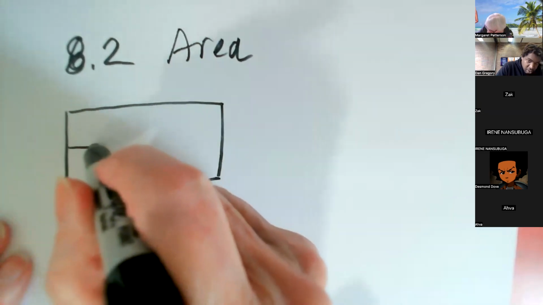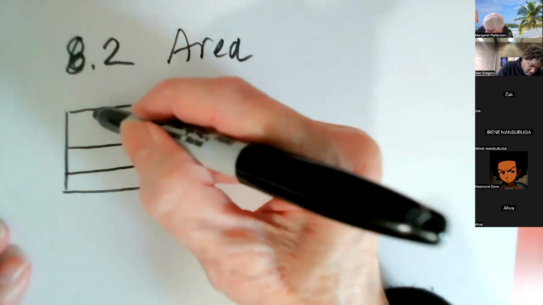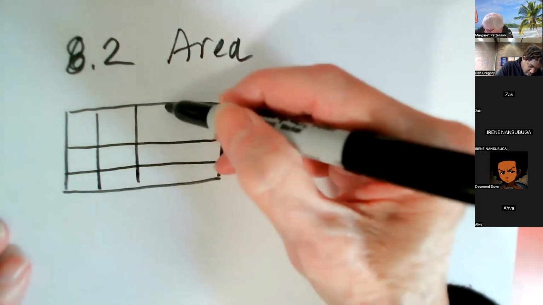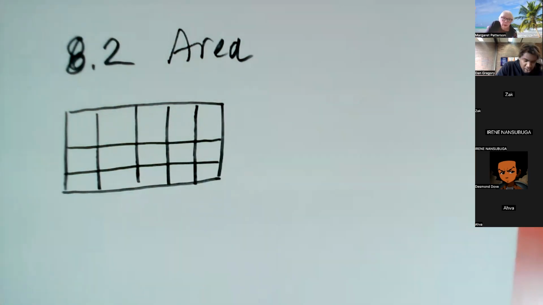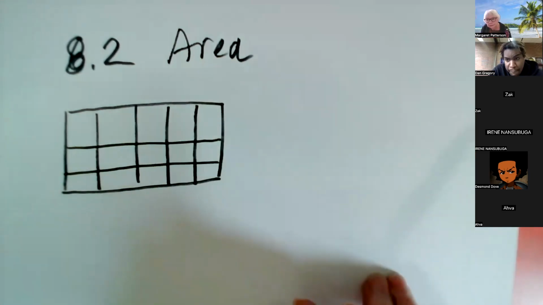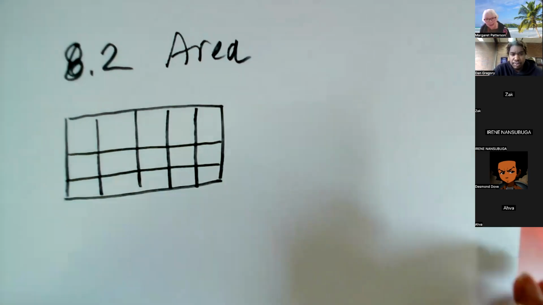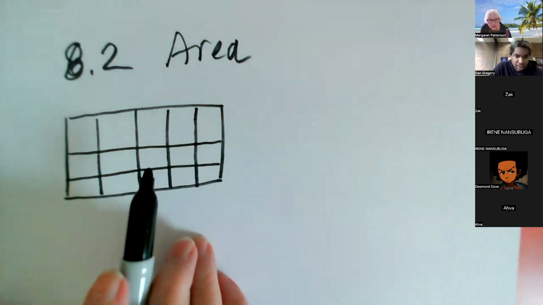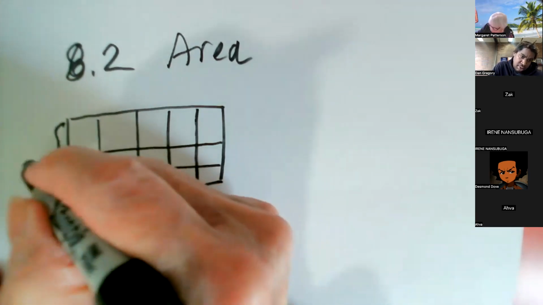Is there an area formula for a circle? I'll get there, but I want to do the straight ones first. This one here, this is a rectangle.